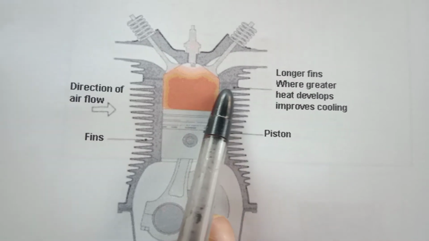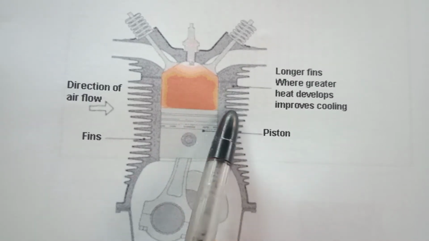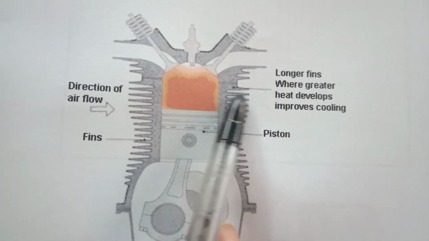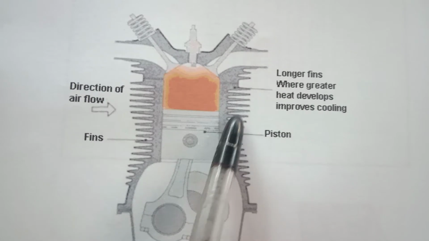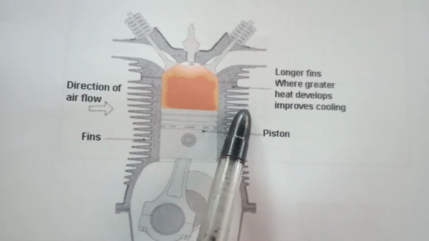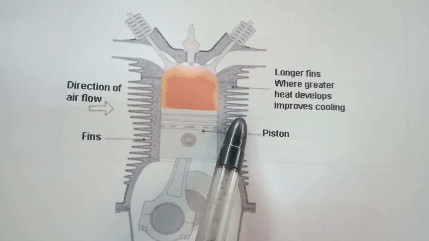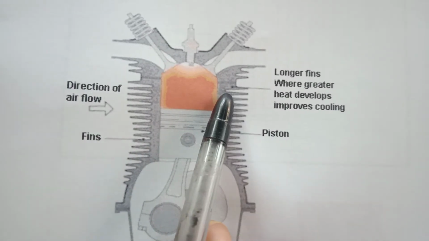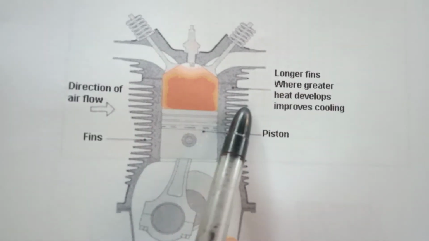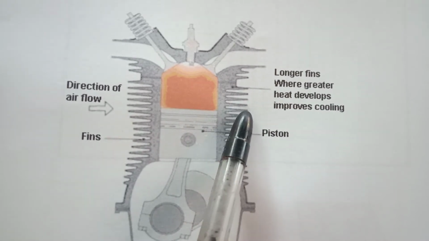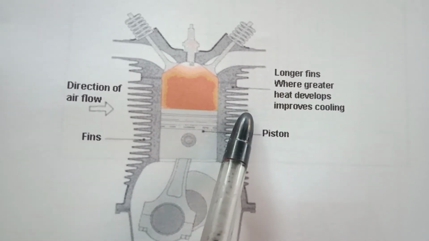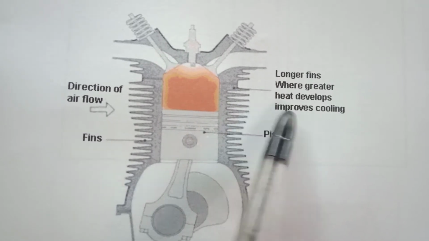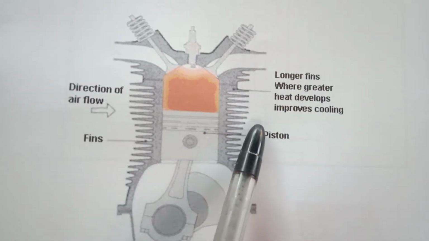So with the help of these fins attached here, we are increasing the surface area to dissipate the heat. The larger the length of the fins, the more heat transfer area is available for the dissipation of heat.